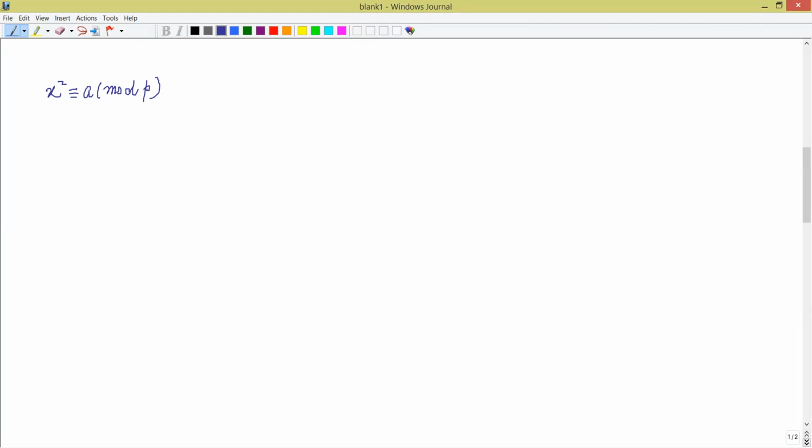Okay. So there is a lemma. Suppose A is a quadratic residue, so x square congruent to A modulo P is solvable.